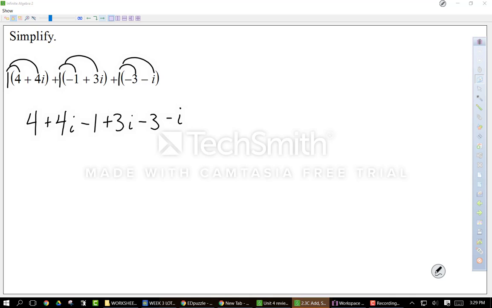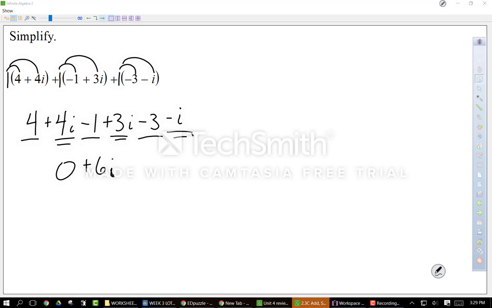Now I have more than a couple terms like I did in the last one, so now I have to combine like terms again. 4 and negative 1 and negative 3 can go together. 4i, 3i, negative i go together. 4 minus 1 is 3, minus 3 is 0. 4 plus 3 is 7i, minus i is 6i.